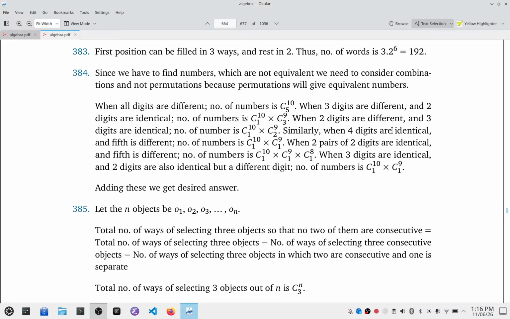When four digits are identical and the fifth is different, the number of numbers is 10C1 multiplied by 9C1. When two pairs of two digits are identical and the fifth is different, we have 10C1 multiplied by 9C1 multiplied by 8C1. When three digits are identical and two digits are also identical but a different digit, the number of numbers is 10C1 multiplied by 9C1. Let me explain a bit what is going on, okay?